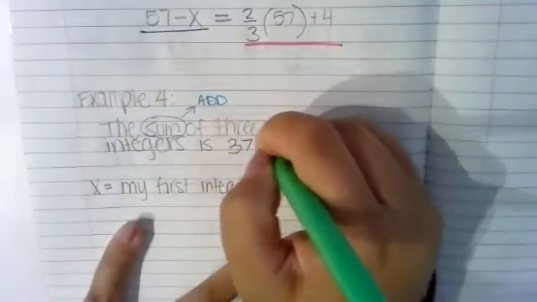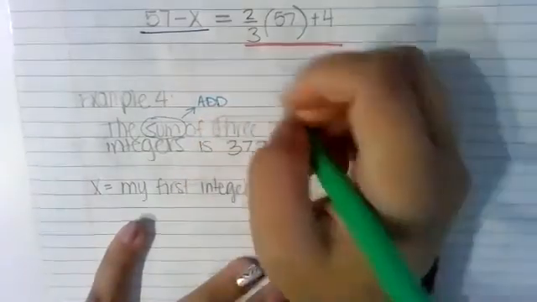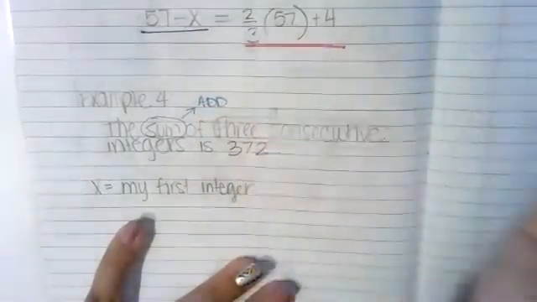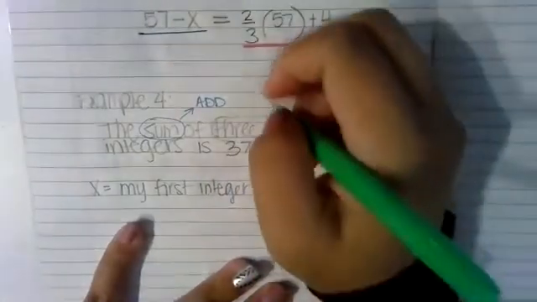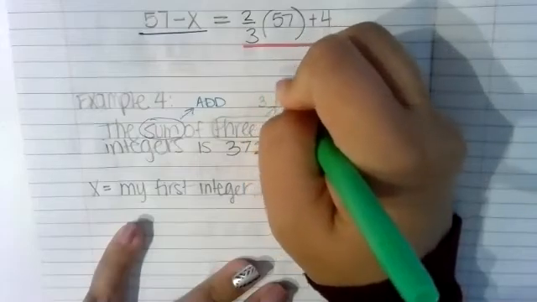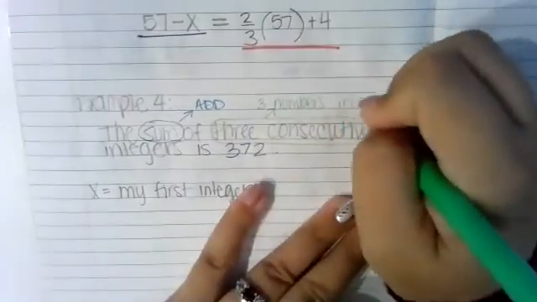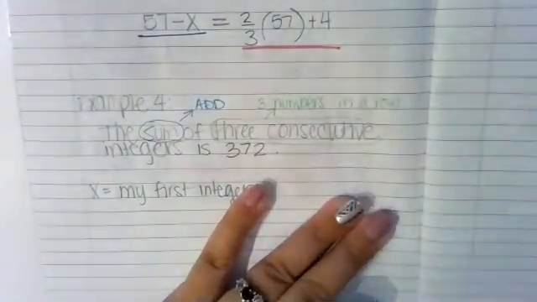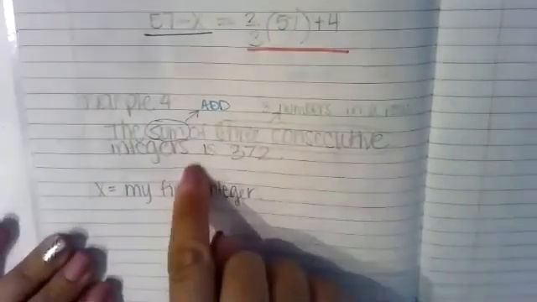Does anyone know what that means? 3 numbers that are together, like 1, 2, and 3. Great. So 3 numbers in a row. The sum of 3 consecutive integers is 372.